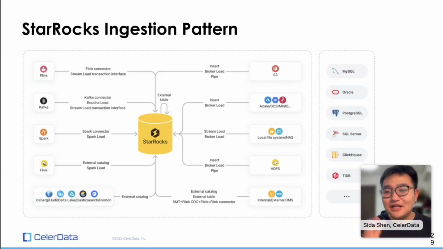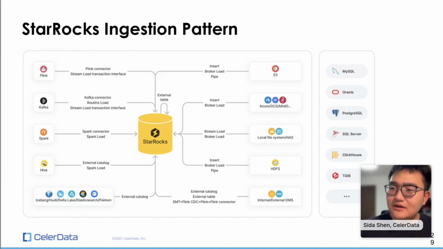But if you are using CelerData, we have multi-warehouse. You can start a physically isolated warehouse, basically a bunch of CN nodes, and have that dedicated to ingestion. That isolates workloads so it doesn't affect your query performance.